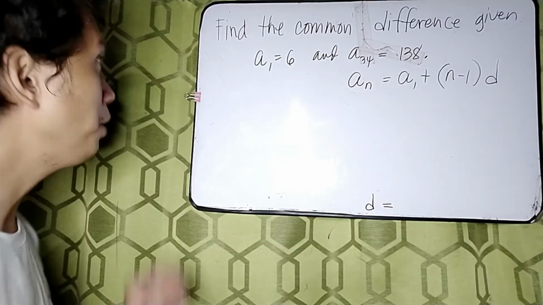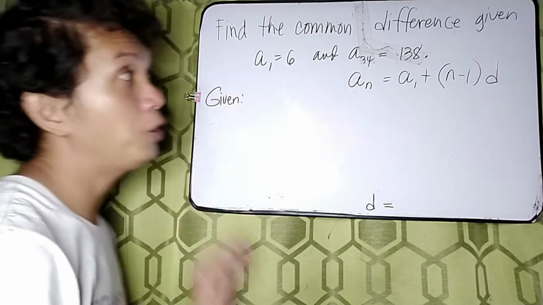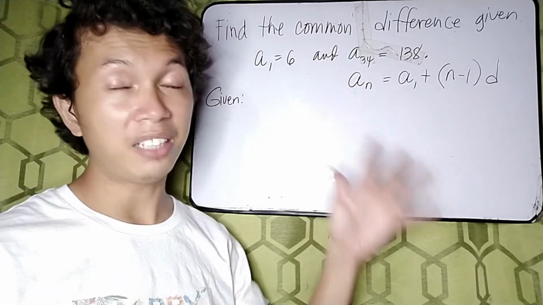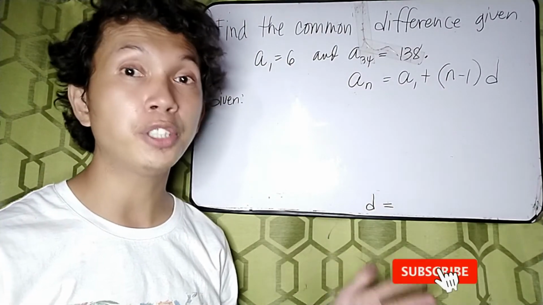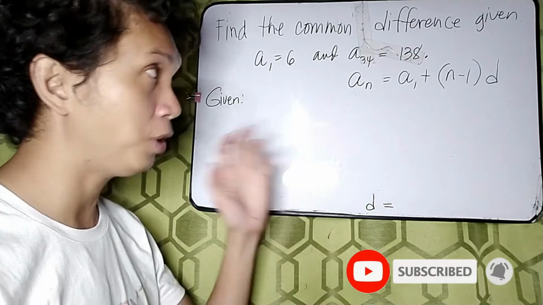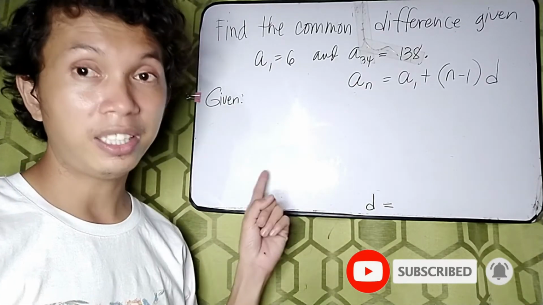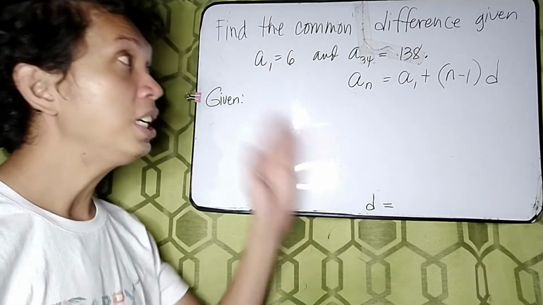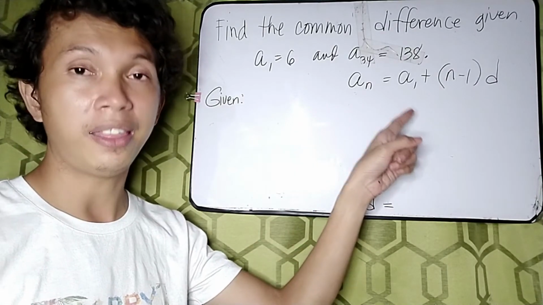Now let's go to the given. Again, if you are familiar already with this kind of problem, there's no need for you to write the given. But if you are still starting, you can write the given to be guided on the values that you're going to substitute in this formula.